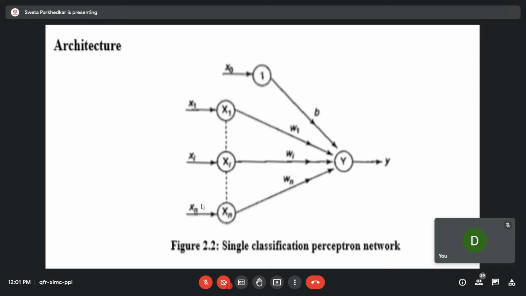And what will be the output y? Y equals b into x0. यहाँ पे x0 उसने 1 दिया है, so it will be only b plus x1 w1 plus x2 w2 plus x3 w3, likewise xn into wn. Okay, so this is the architecture of a single perceptron network.